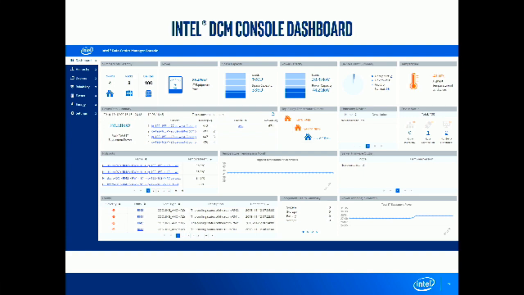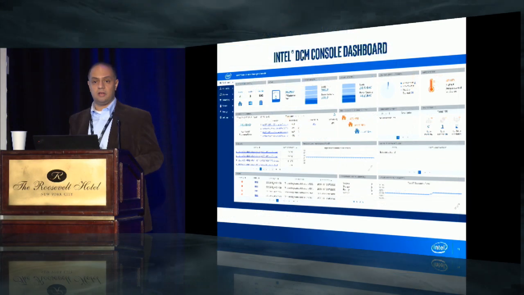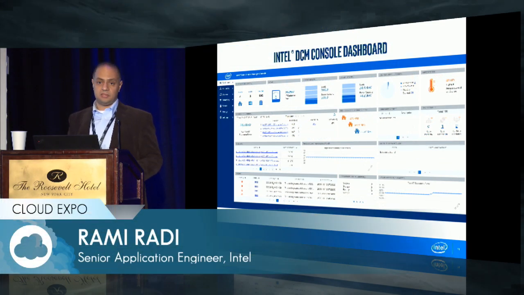And then you can set it up to set alerts, events and thresholds. For example, when a specific server reaches a certain temperature or a certain CPU utilization, etc., that would give you an alert to your email or text you, etc., for more efficient data center management.